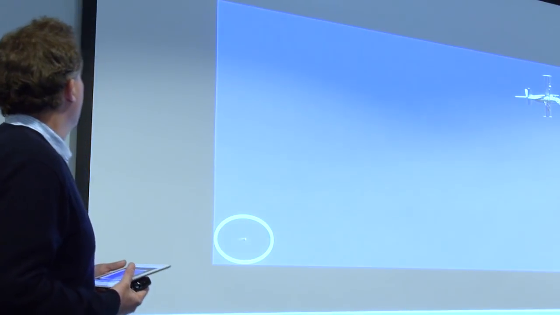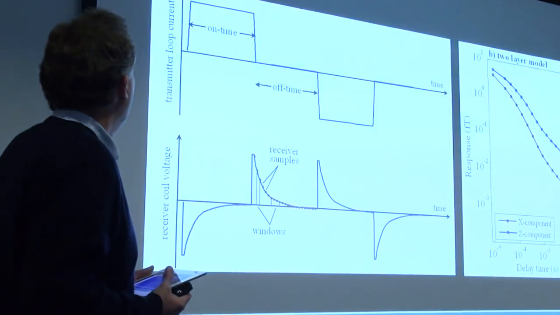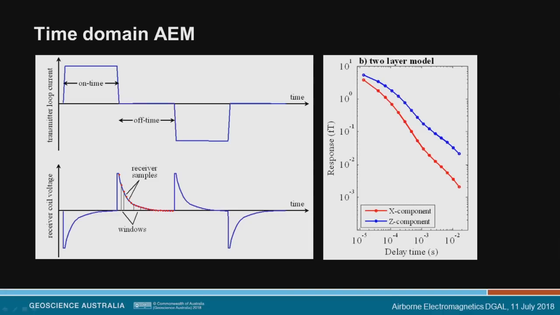magnetic field. Okay, so basically in the time domain system, we are putting through a current of this square wave pulsed type of nature. And essentially what we're doing is listening for the secondary currents to decay as they fade away.